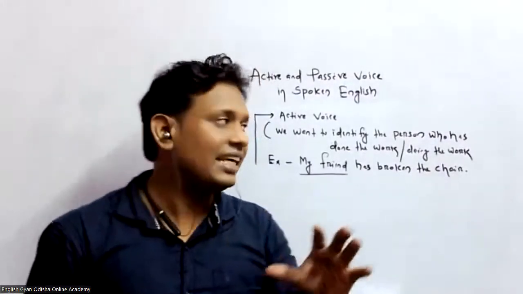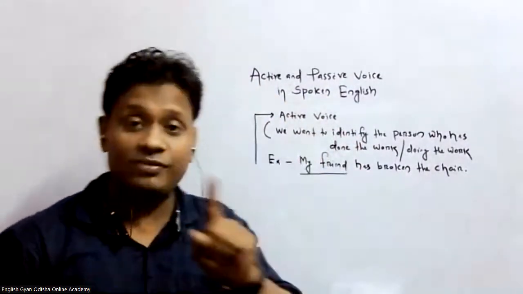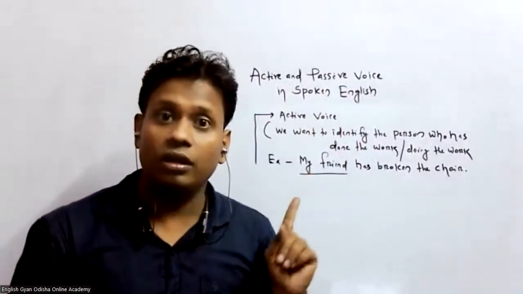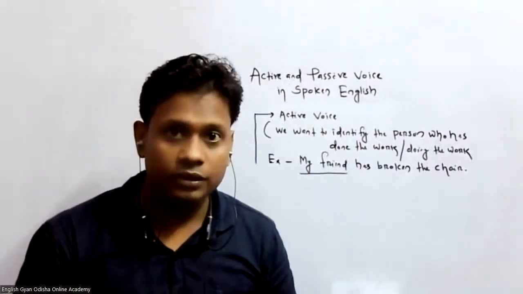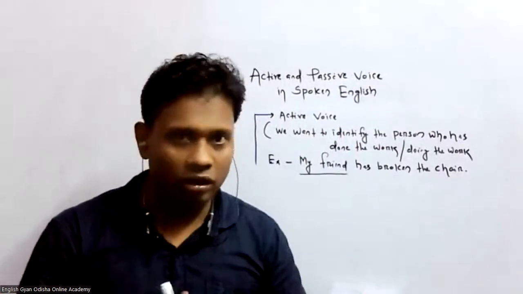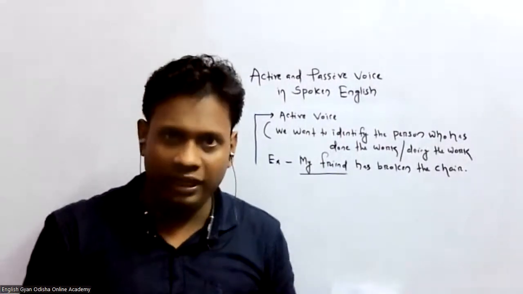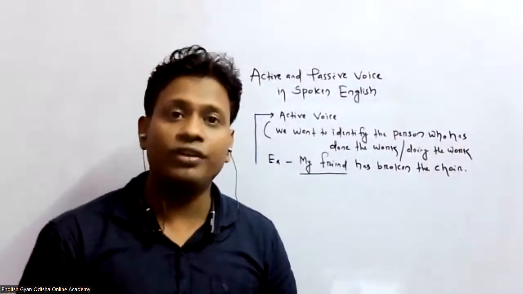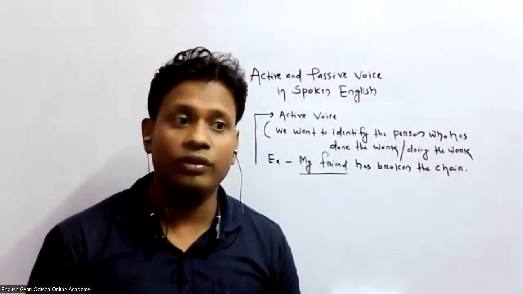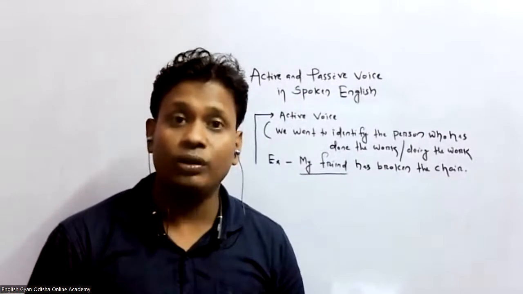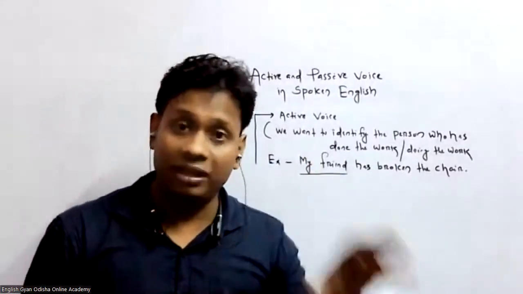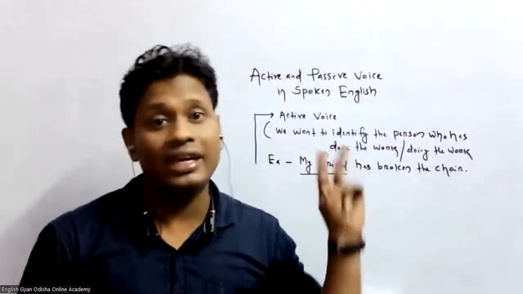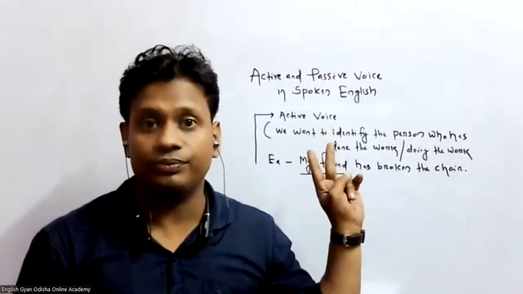The purpose of active and passive in spoken English is not to learn grammar here. Never. If you feel that I'm teaching you grammar, it's absolutely not. But whenever you are going for a corporate or anywhere, whenever you want to reveal something or you don't want to reveal something, that time you can use this. This will come in handy for you, right?